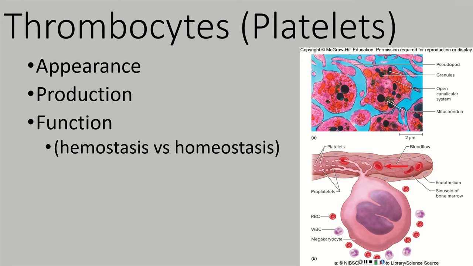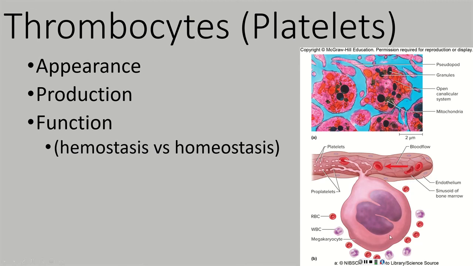And they are produced similar to what we saw with the previous cells. We actually begin with a hemocytoblast, a hemopoietic stem cell. That goes through a division. One of those cells stays a hemocytoblast. One of those cells becomes something called a megakaryocyte.